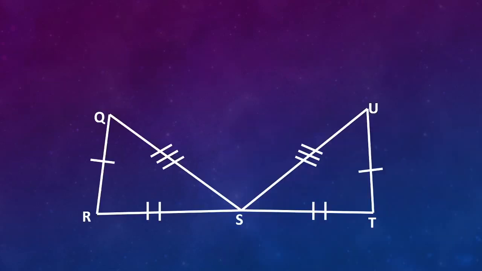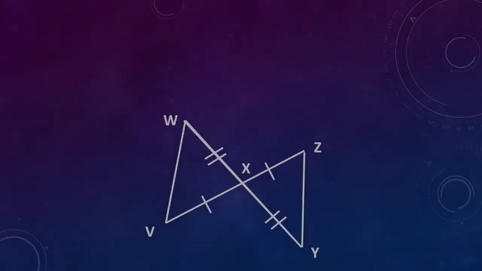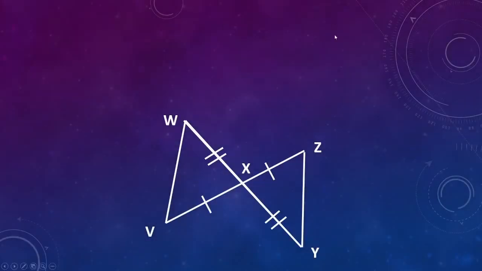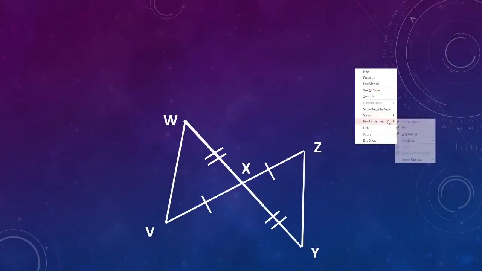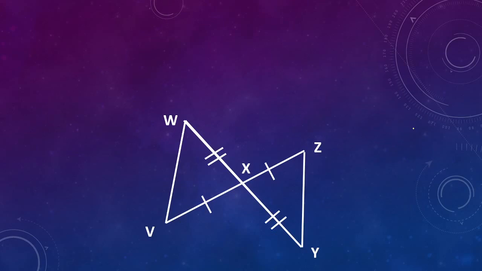What about this figure here? SSS. This is SSS. Reflexive. What about this figure here? Reflexive angle, sir. Angle, side, sir. What is the third congruent part? Vertical angle. Vertical, not reflexive, vertical.